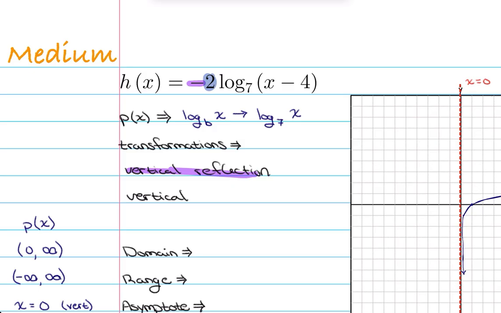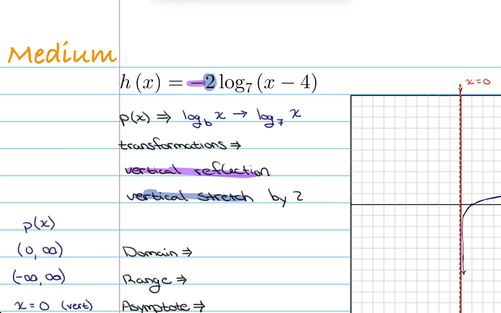And it is multiplying times the whole logarithm. Since that's multiplication, that is going to be a stretch by a factor of 2. Remember, vertical stretches are anything that's greater than 1.